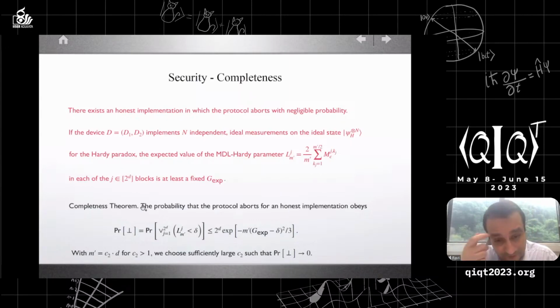So we can prove a completeness theorem that the probability that the protocol aborts for an honest implementation with this particular state and measurements is negligible, which means that there is an honest implementation such that the protocol does not abort. So that's the outline of the security of this protocol.